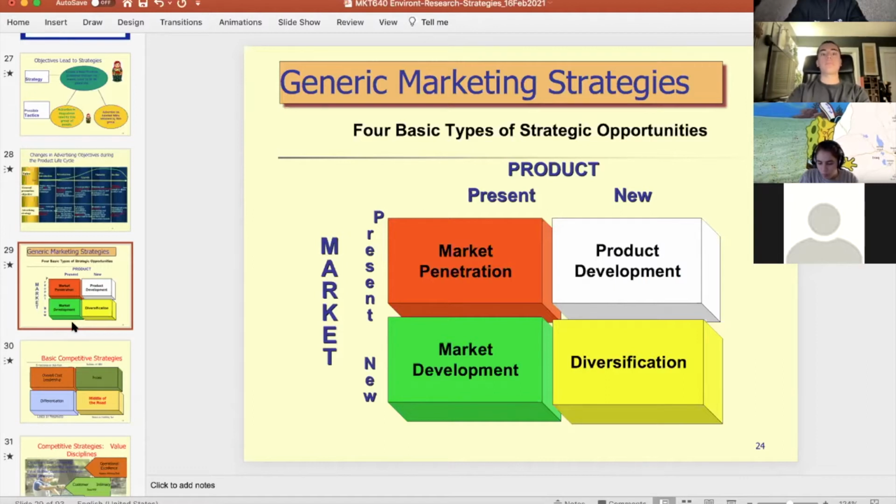So market development is if you're selling for men and now you're selling for women, or you're selling for older people and now you're selling for younger people. It's like Facebook was for young people, and then Facebook became for older people. So they did market development where they expanded who the product was meant to be used by.